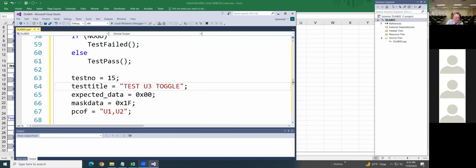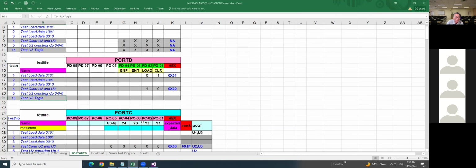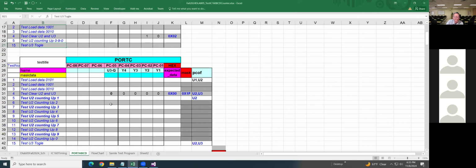Okay, expect data you're looking on port C. Okay, Q U3 Q0. Now toggle they will be go to 1. Okay, and this will be telling you the other one you don't care. And that expect data will be 0, 8, 1, 0.